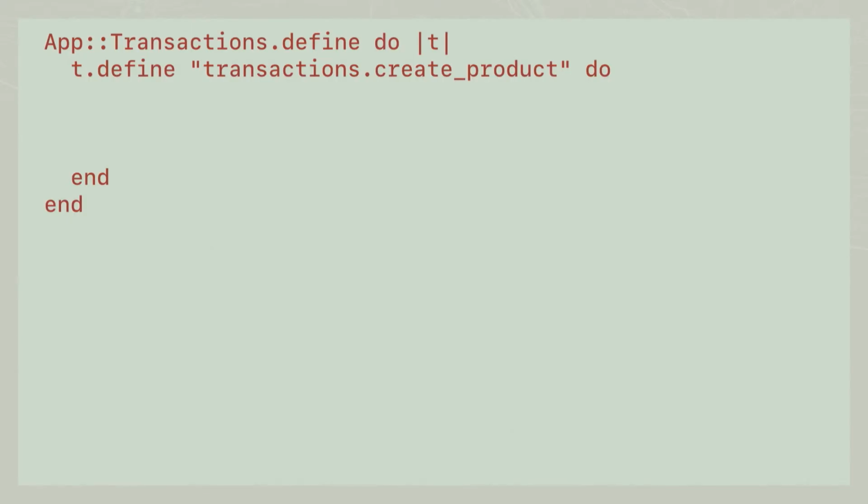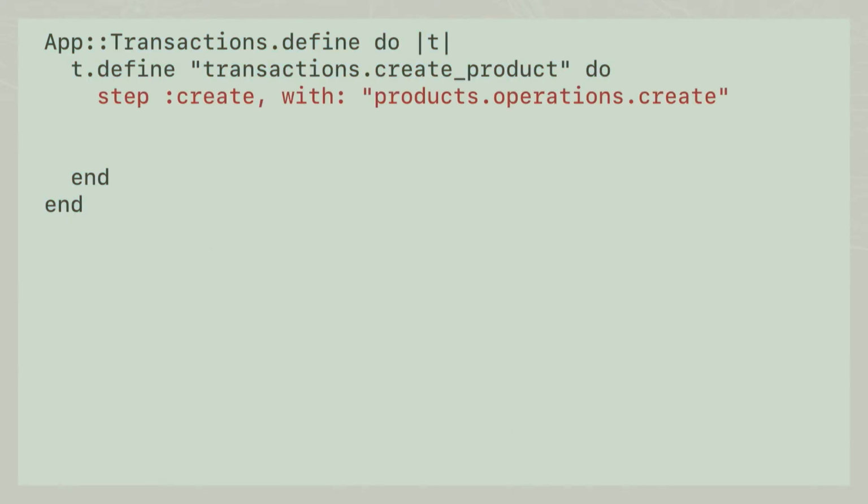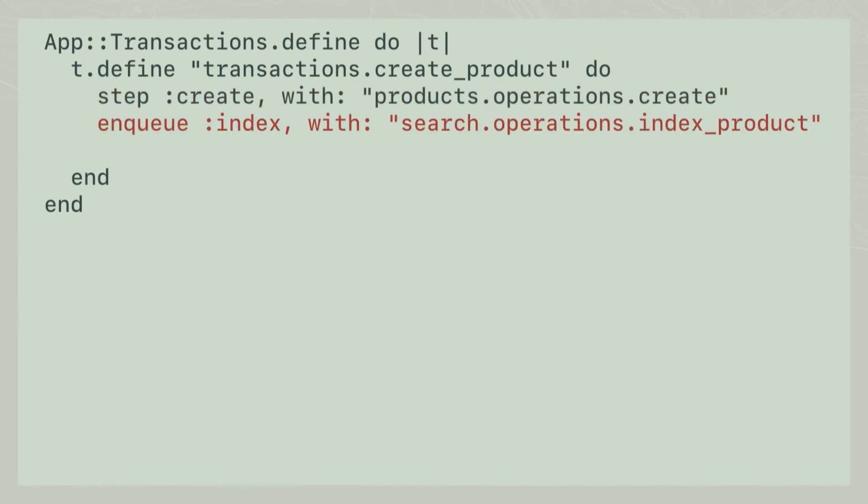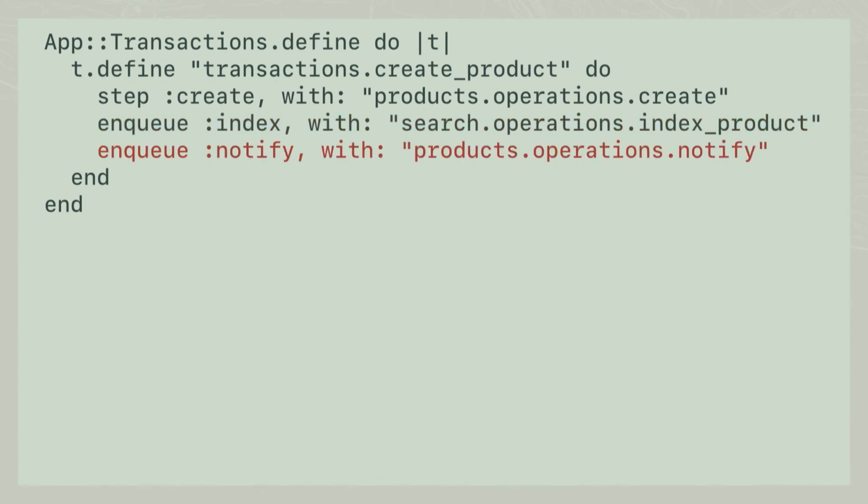So a create product transaction might look like this. An operation to create the product. An operation to index it in our search instance. Then an operation to notify relevant users that a new product has been created.